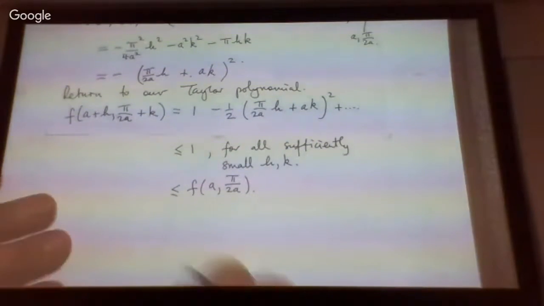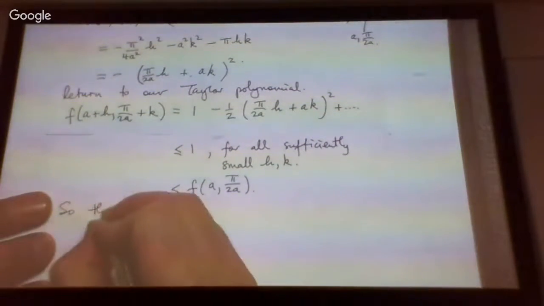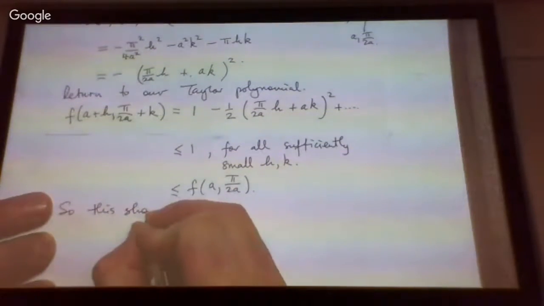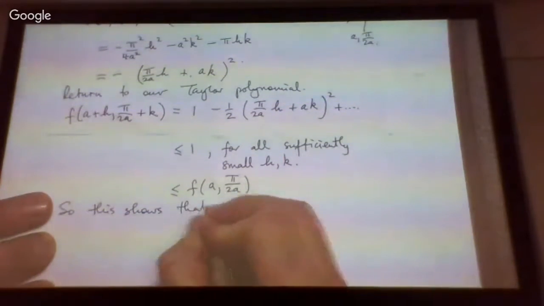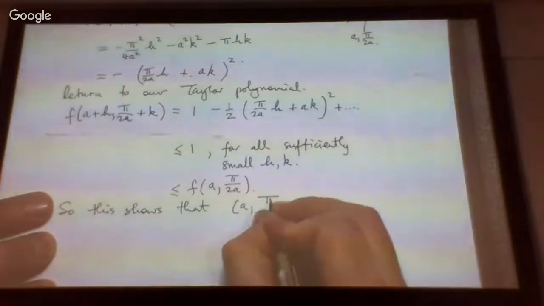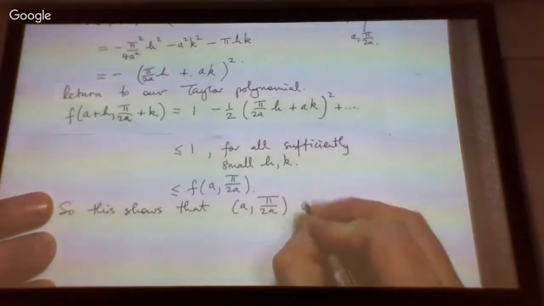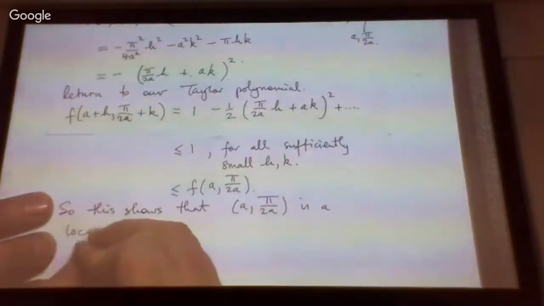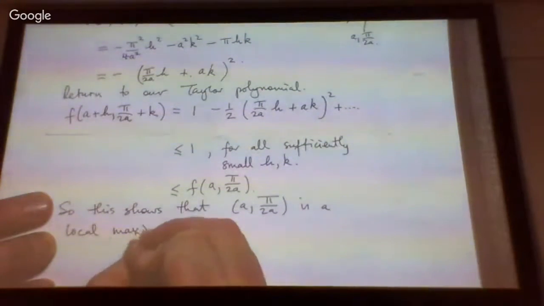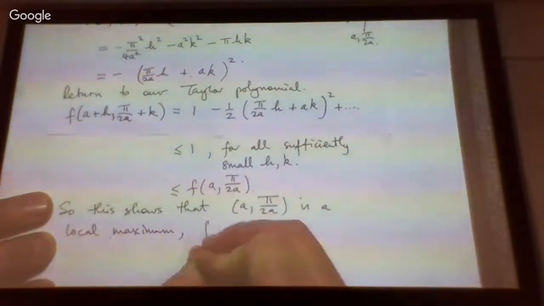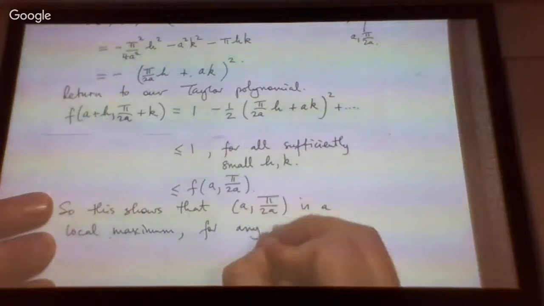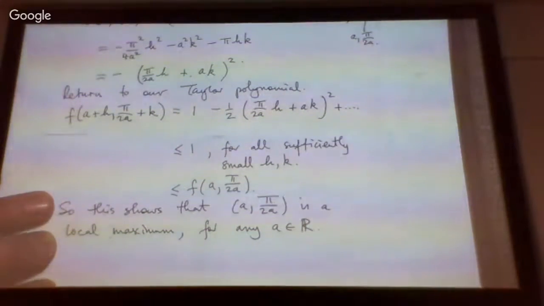So this shows that (π/2a, a) is indeed a local maximum. And this is for any a whatsoever, for any value of a.